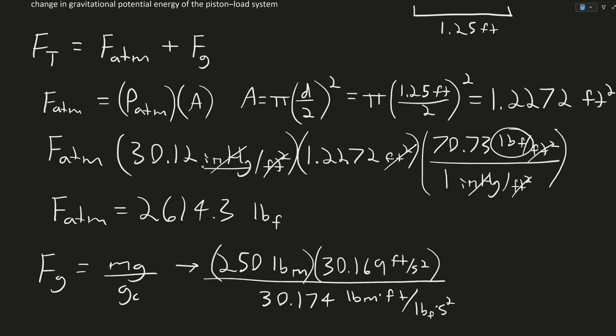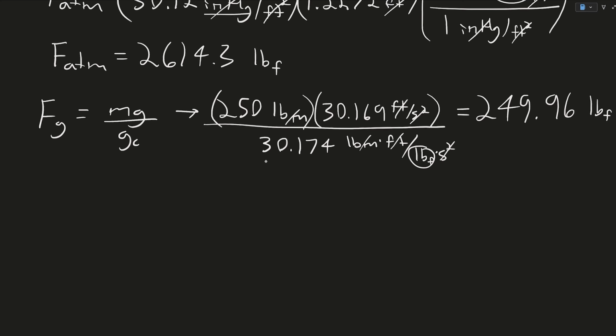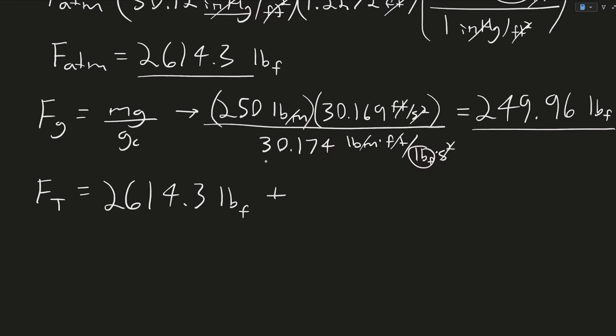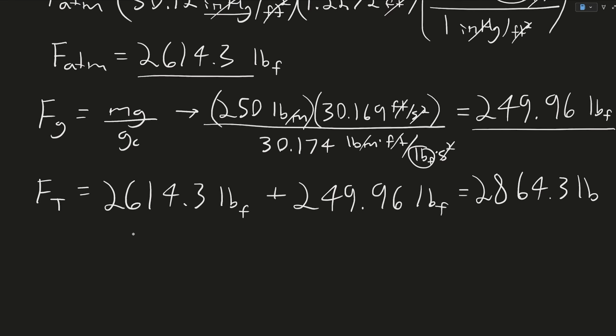Now making sure our units cancel, we have feet cancel, seconds cancel, and pound mass canceled, leaving us with just pound force. And this comes out to 249.96 pound force. So now we can find our total force, which is the force applied by the atmosphere, 2,614.3 pound force, plus the force exerted by gravity, 249.96 pound force, giving us the total force of 2,864.3 pound force.